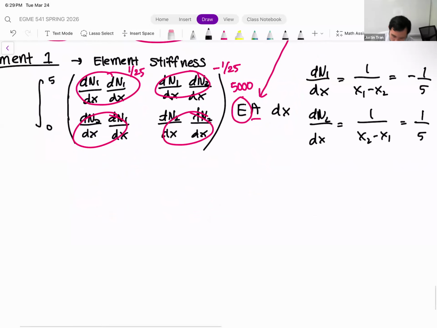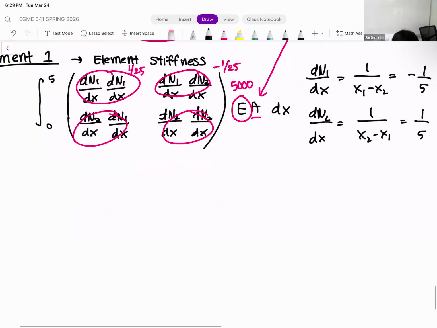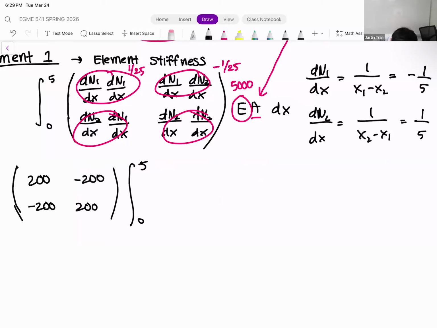So 5,000 divided by 25 is 200. We have a matrix that is 200, minus 200, minus 200, 200, times the integral from 0 to 5 of our A function, which is 1 plus x squared divided by 400 dx.